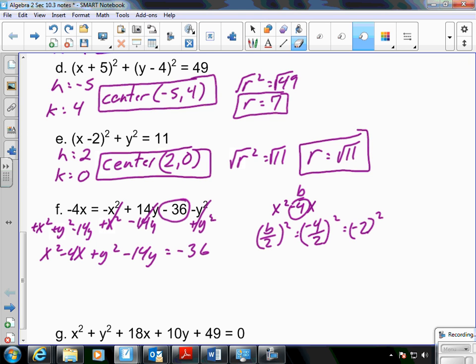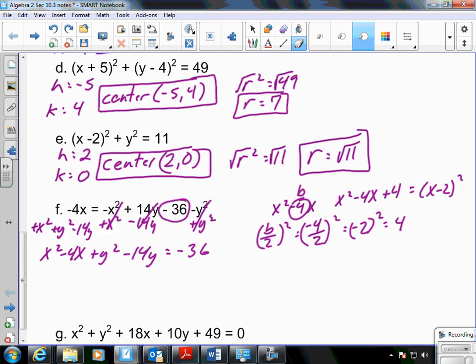And if I square negative 2, that's going to give me positive 4. So that gives me x squared minus 4x plus 4. And if you remember, you can get that to a perfect square binomial, or square of a binomial, by taking the x squared and combining it with the b over 2 part. So that's going to factor down to x minus 2 squared.